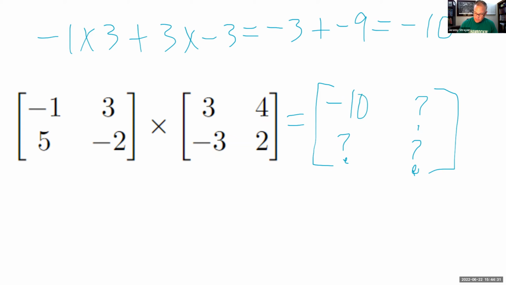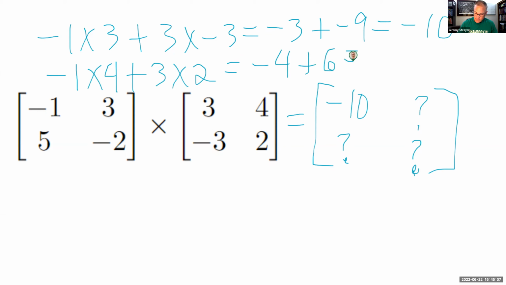Now let's try this location. It's first row, second column. So we'll use first row, second column. So that's going to be -1 times 4 plus, and then we'll move here, 3 times 2. -1 times 4 is -4, plus 3 times 2 is 6.